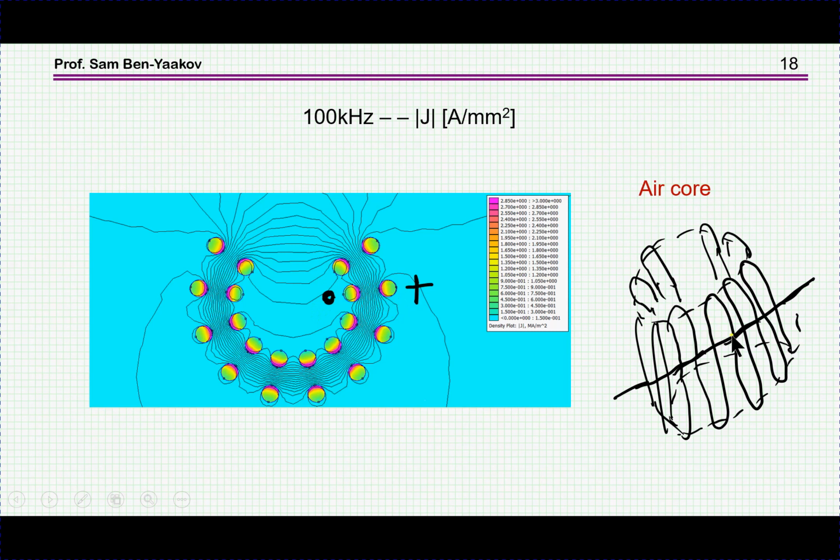I'm looking at these two, and we see indeed that you have this crowding very close to one another, as I've shown earlier for the proximity effect. So here we see primarily the proximity effect. At 100 kilohertz, we should have seen the skin effect as I've shown earlier, but the proximity effect is much more important here. So we see very nicely this effect all over the wires.